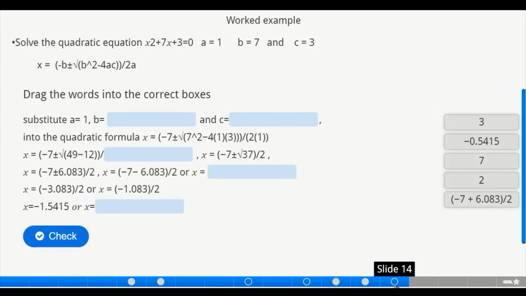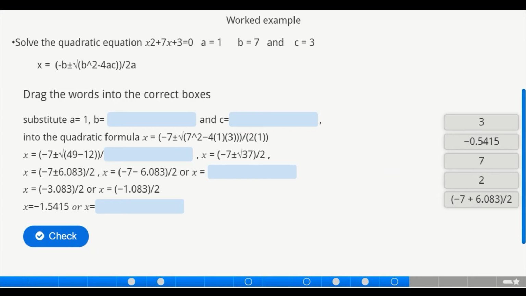Now, let's look at the example that we have here. We have to solve this using the quadratic formula, which is x equals minus b plus or minus square root of b squared minus 4ac, everything divided by 2a. Now we are going to be solving this quadratic equation using that formula. x squared plus 7x plus 3 equals 0. So from here now, what is the coefficient of a that we can see here?